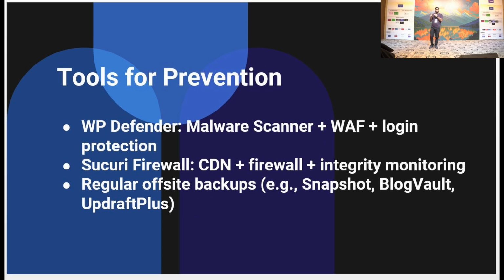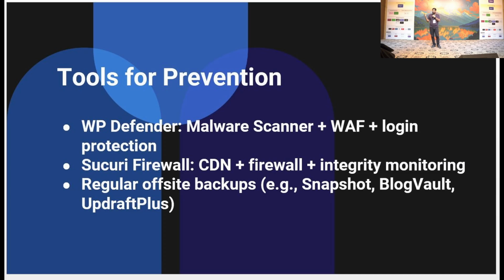The next thing is tools for prevention of malware. Use tools like WP Defender, which can scan your site every single day or every single week and send you reports. So you can keep an eye on your website and clean up as soon as possible. Second is a firewall, so you can also implement that.